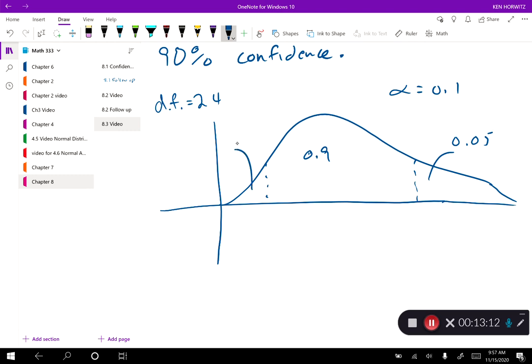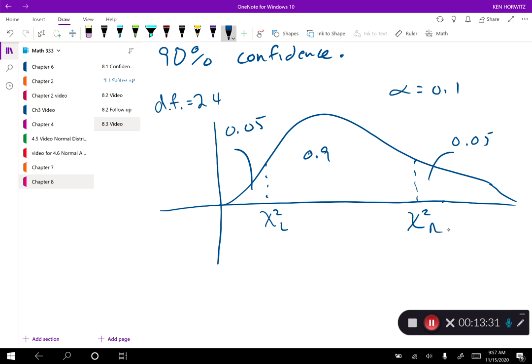I'm just taking that 0.1 and dividing it by 2. Now remember, for our chi-square left and our chi-square right, we need to use our area to the right.